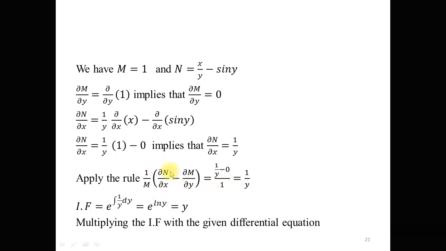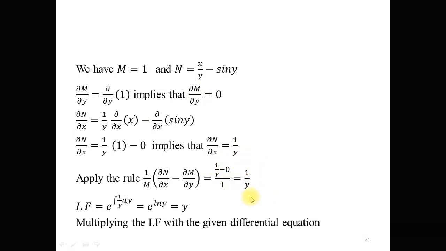But in this problem, this expression gives a function of y alone, like you see over here: 1 over m into (partial n by partial x minus partial n by partial y). So m is equal to 1, so this is divided by 1, and partial n by partial x is 1 by y, and partial n by partial y is equal to 0. So we obtain 1 over y.